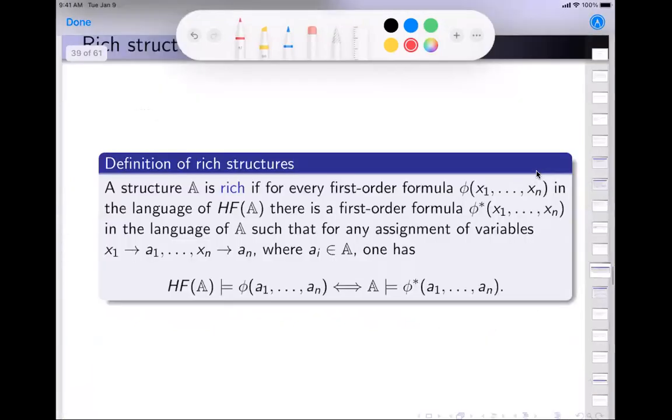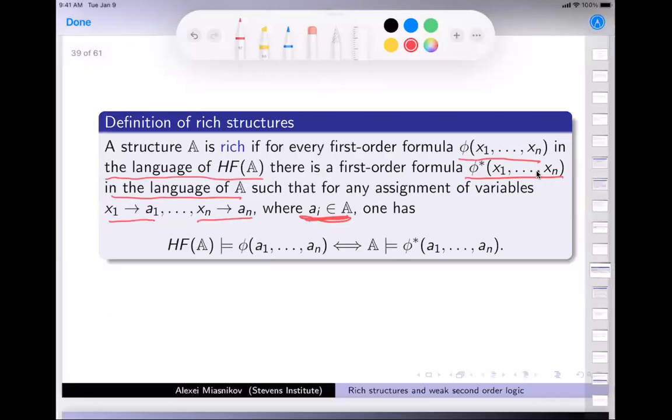So a structure is rich, now I can make it precise, if for every first order formula phi in the language of the structure HF of A, there is a first order formula phi star in the same variables x1, ..., xn in the language of A, so it's first order over A, such that for any assignment of variables to elements a_i of A, this formula holds in HF of A if and only if phi star holds in A.